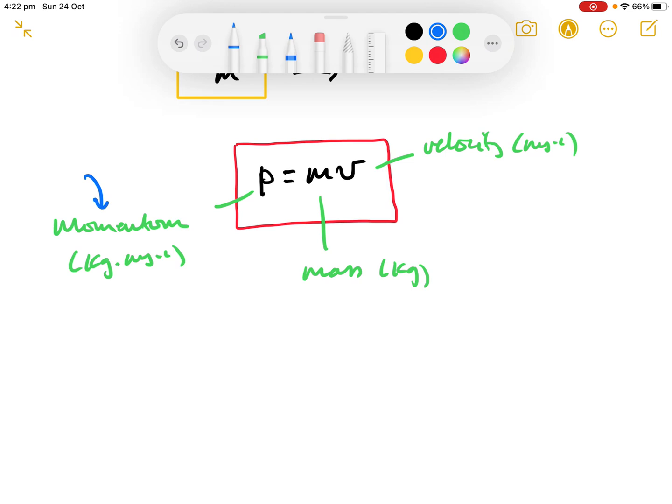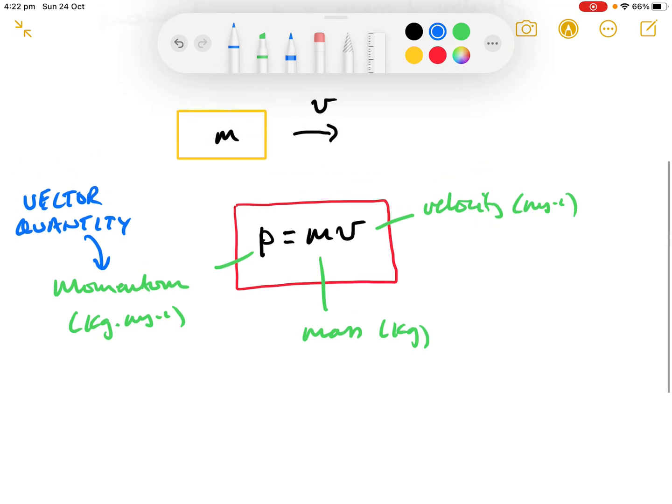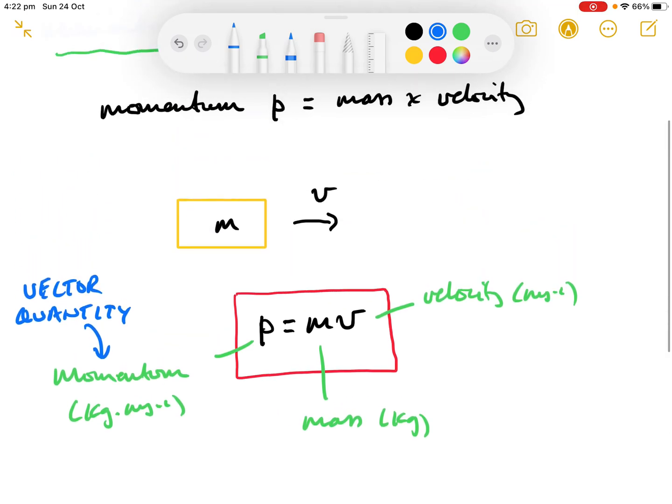And momentum, of course, is a vector quantity. Direction matters. So as with all vector quantities, you should always indicate the direction of momentum whenever you're specifying it.